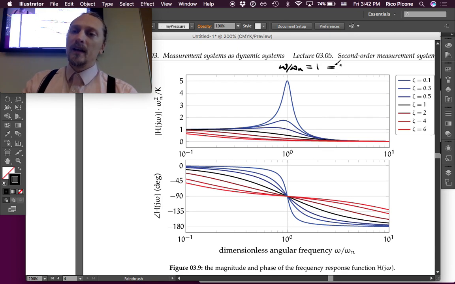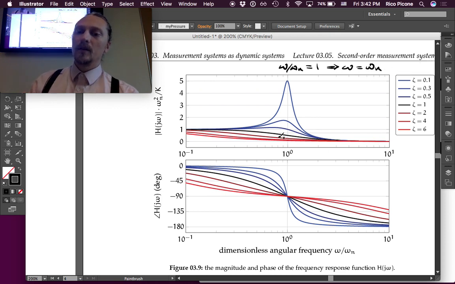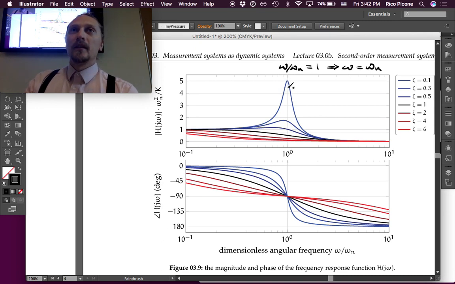So what does that say our omega is equal to? The natural frequency at that point. Yeah, it's just the natural frequency. Whenever you drive an underdamped system with a sinusoidal input near the natural frequency, the output amplitude is going to be higher than the input amplitude.